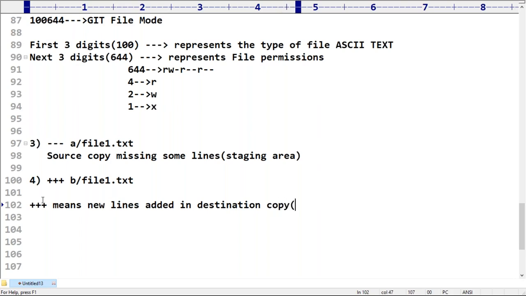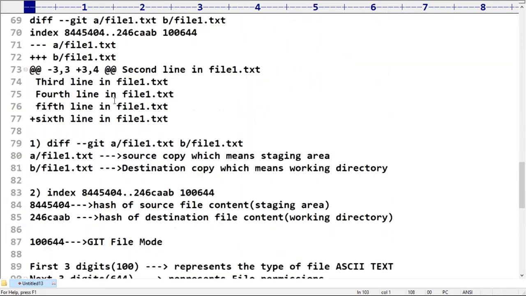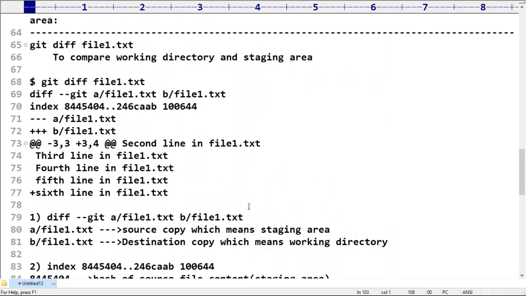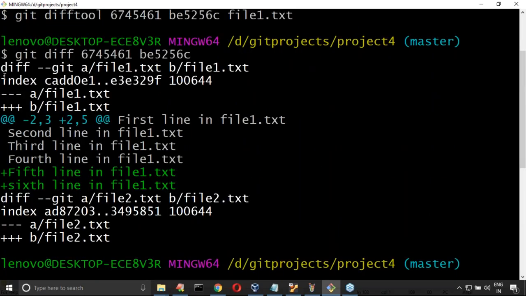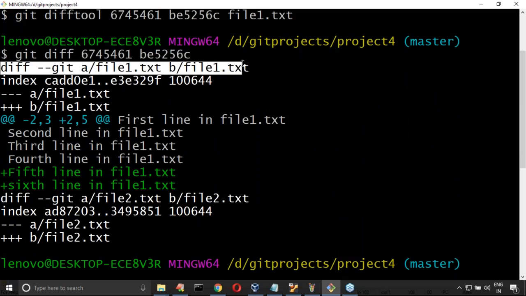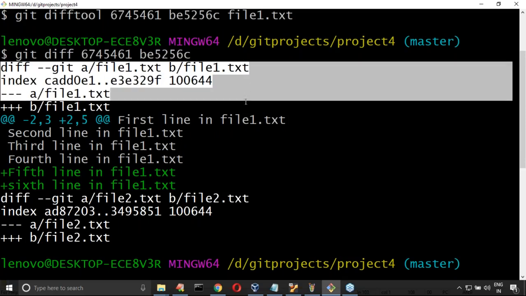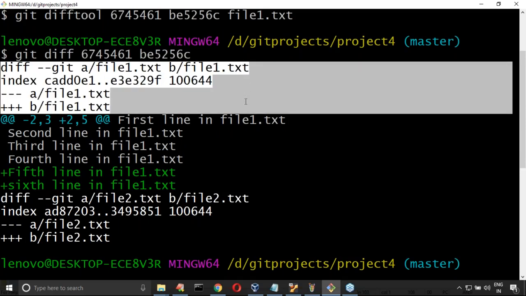Which is the destination copy? The working directory. That's all. So the fourth line is also very clear in our output. This is the first line we covered, second line, third line, and the fourth line we also discussed.